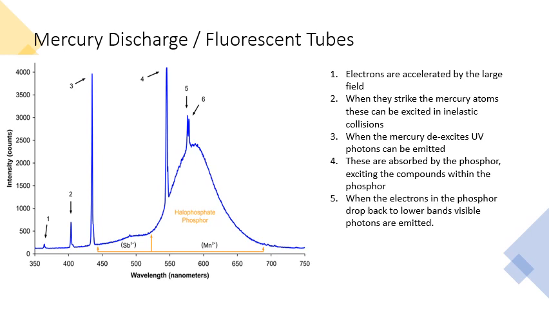And then when the electrons drop back down so that the phosphor goes back into its ground state, the photons which were emitted as a result of that process are in the visible, so that our ultraviolet photons are turned into visible light. And if you choose the right phosphor to be mixed in with the light that's already being emitted by the mercury in the visible region, then you can get white light being produced by the discharge tube.